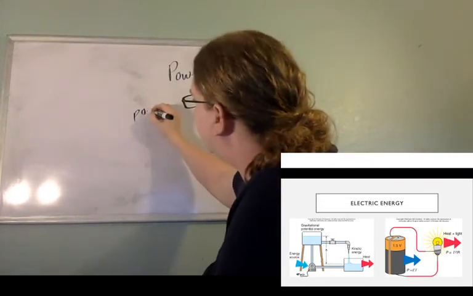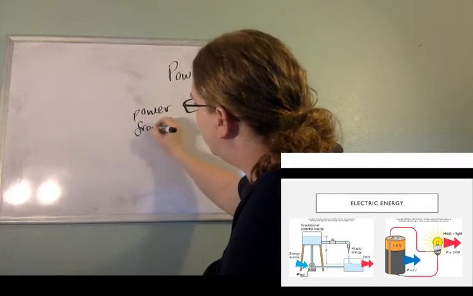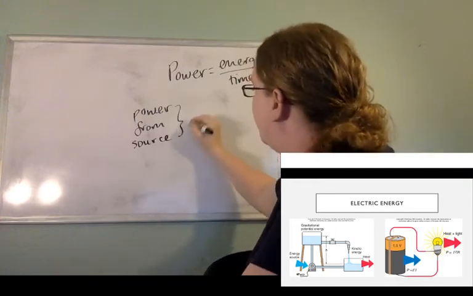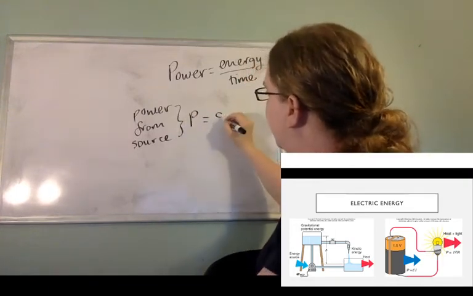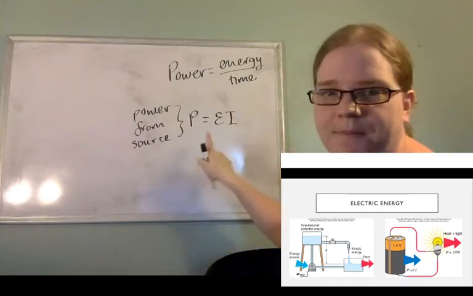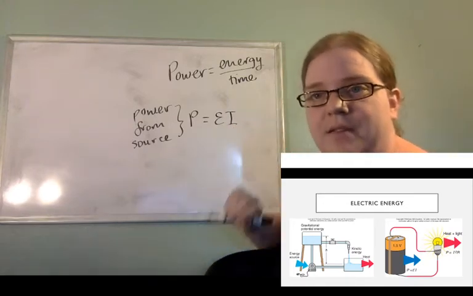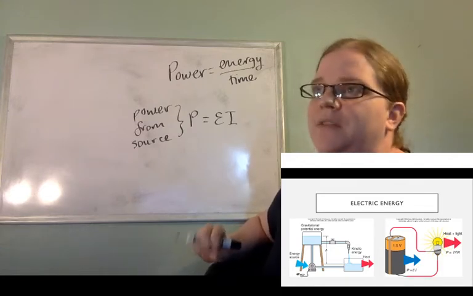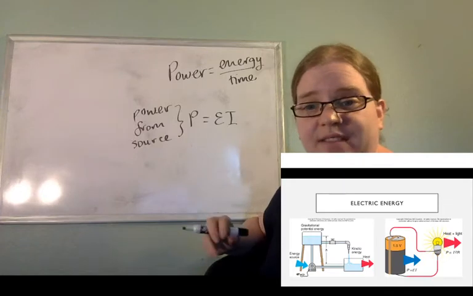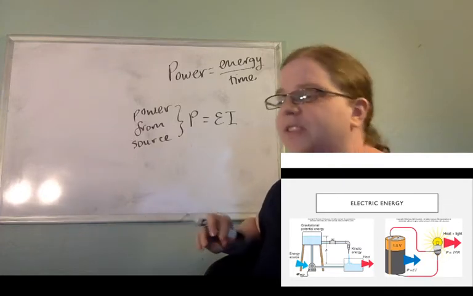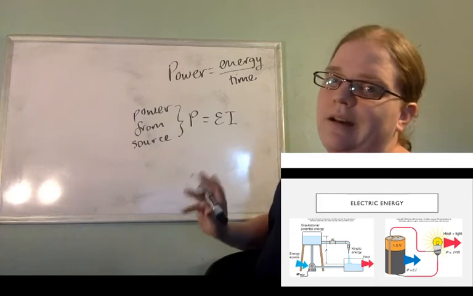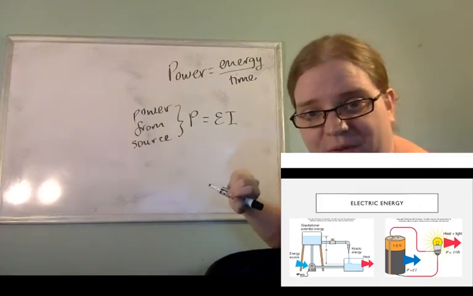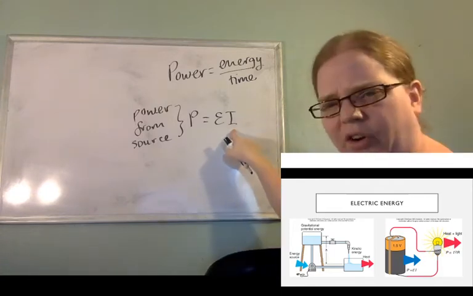Power from source, like from the battery, we would have power P. Now your book uses the squiggly E, called the EMF. We didn't really touch on this much. EMF is an inherent amount of voltage that the battery can generate. There are slightly more details to that, but I don't need you to care. We can think of it as, if we have a 9-volt battery, that one's going to be 9 volts. And then times the current.